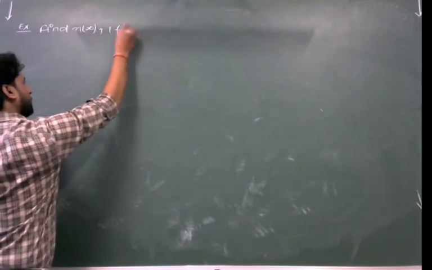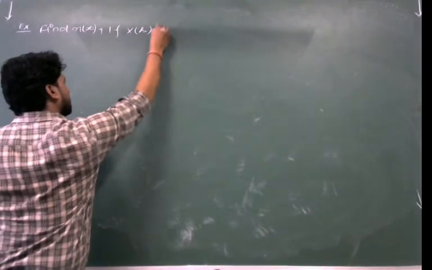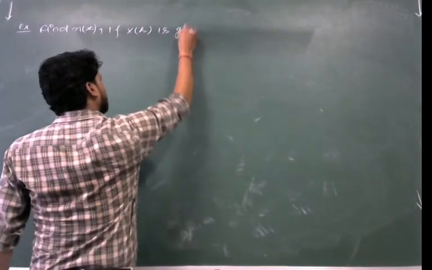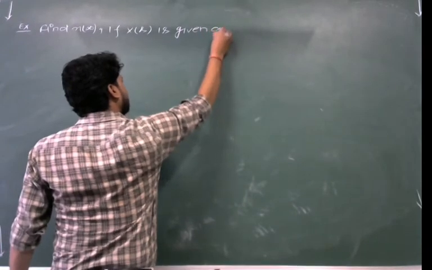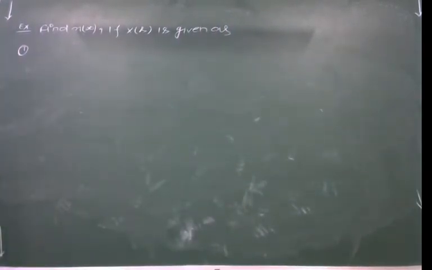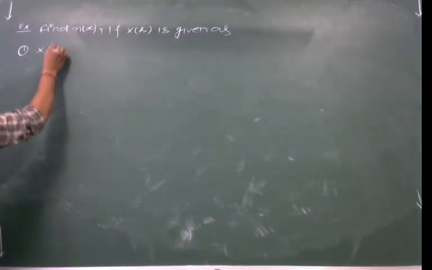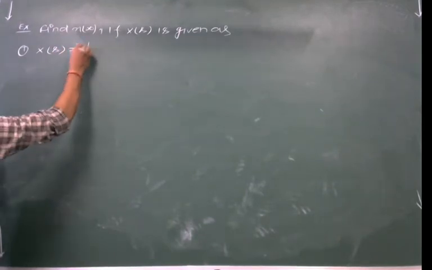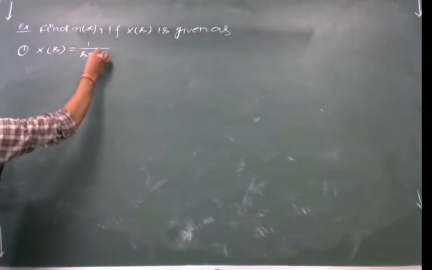So the next example here is: find x of infinity if x of s is given as, the first example is 1 upon s minus 4. X of s is equal to 1 upon s minus 4.